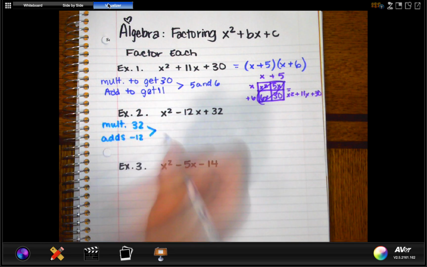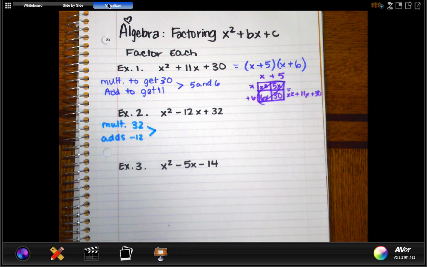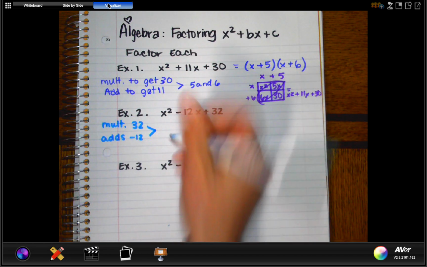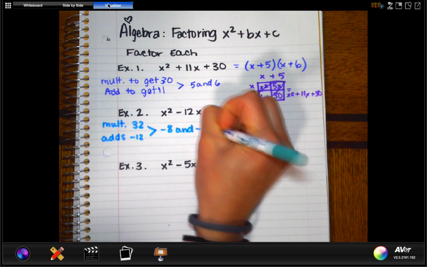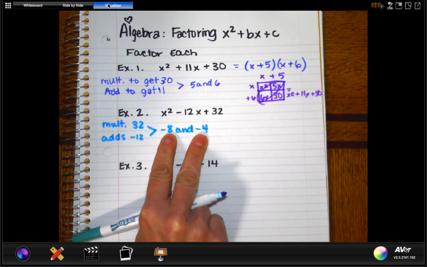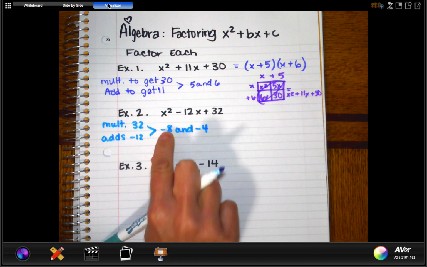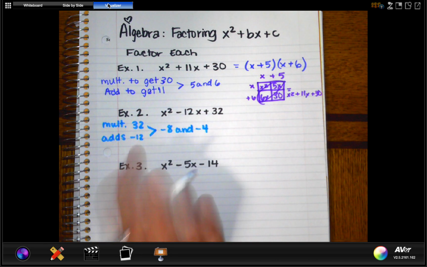Two numbers that multiply to get positive 32 and add to get negative 12. Think, think, think. Ding, ding, ding, it's got to be negative 8 and negative 4, because a negative times a negative will give you a positive, and a negative plus a negative will give you a negative.